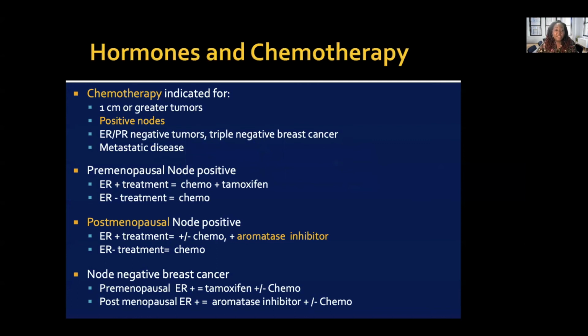Chemotherapy is indicated for tumors that are greater than a centimeter or positive nodes, as well as triple negative breast cancer and metastatic disease. I have on here some general treatment algorithms for pre and postmenopausal patients. I'm not going to go through every single scenario, but they are here for your reference. But it is important to know that aromatase inhibitors are usually our adjuvant endocrine therapy that we use in our postmenopausal population.